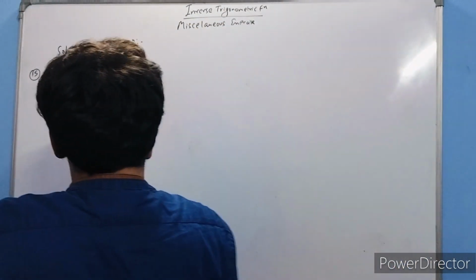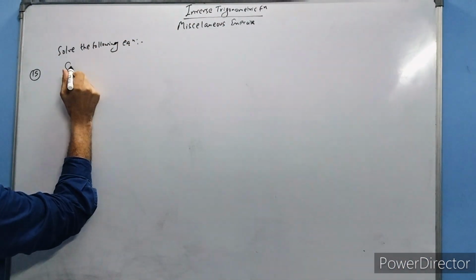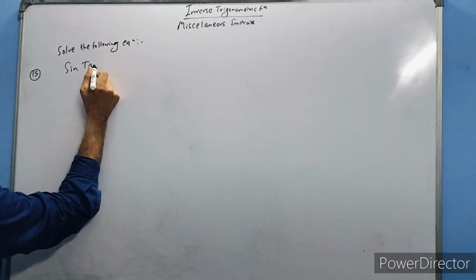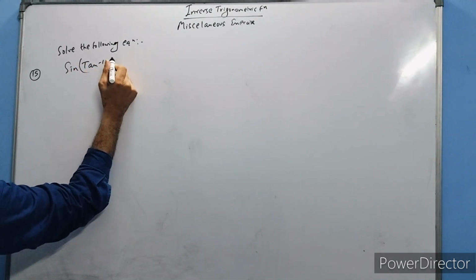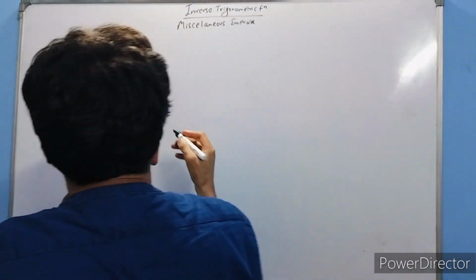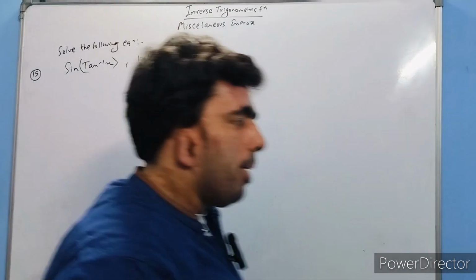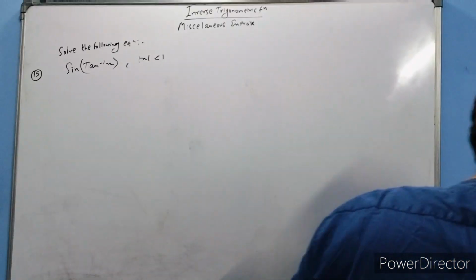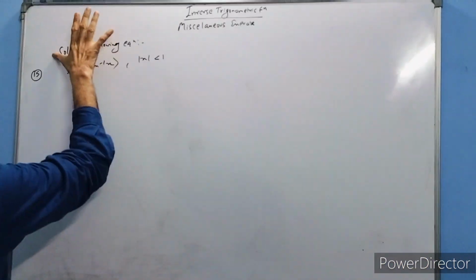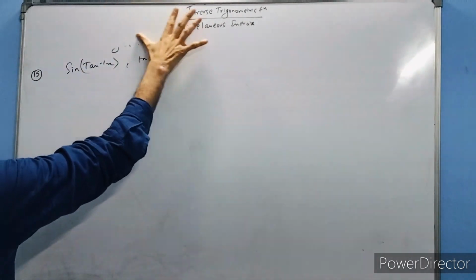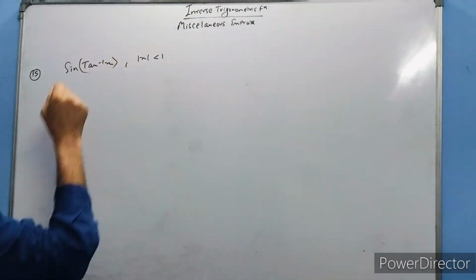Sin tan inverse x, where they have given x is less than 1. So here we need to find its value, this is not an equation, we need to simplify it.